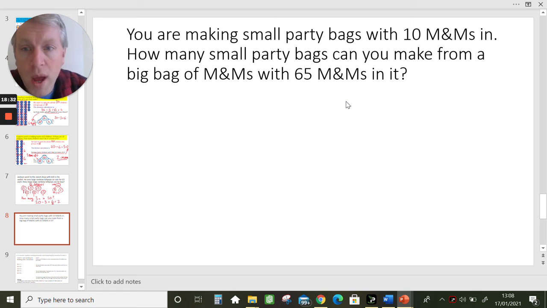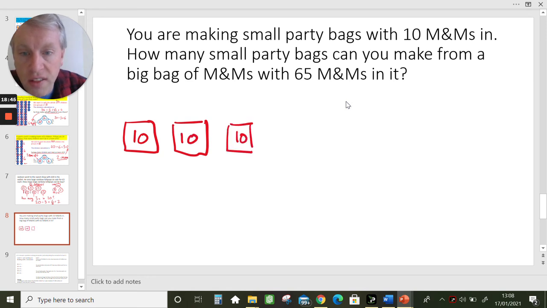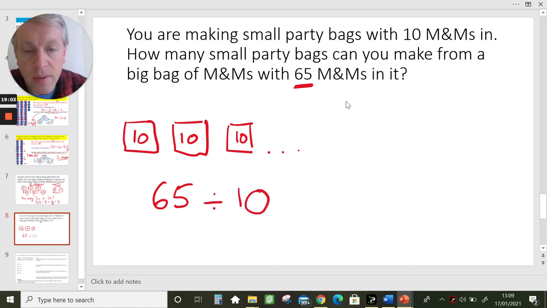Well, we're counting up in tens, because we make a small party bag, it's got 10 in, then the next party bag's got another 10 in, the next got another 10. I see. Altogether, there are 65 M&Ms. That's the whole number, that's all of the M&Ms. We're putting them into groups of 10.